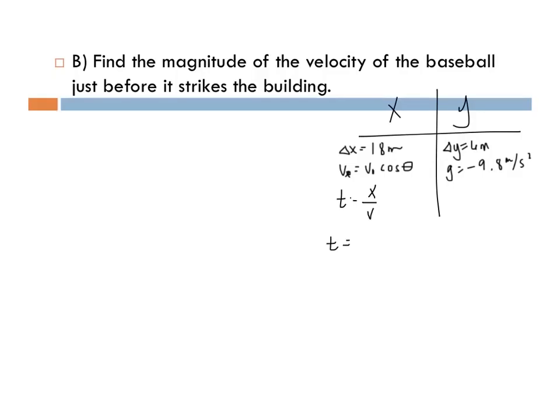So that becomes t is equal to 18 divided by 15.9 times the cosine of 60. So the time at which it strikes is 2.26 seconds.